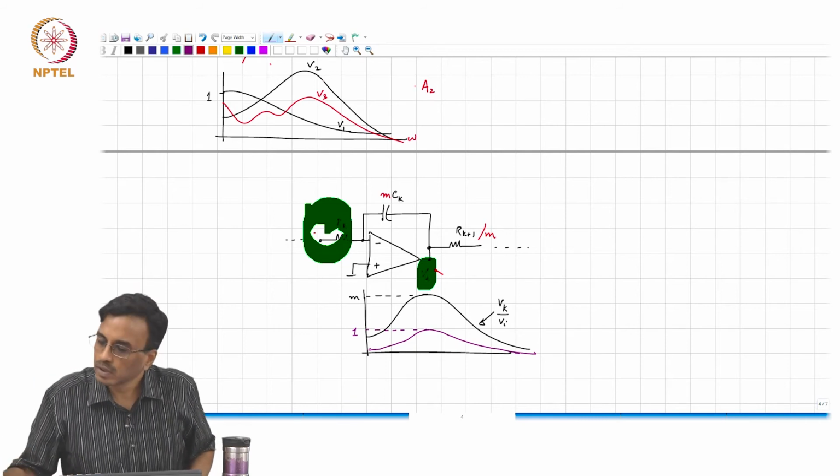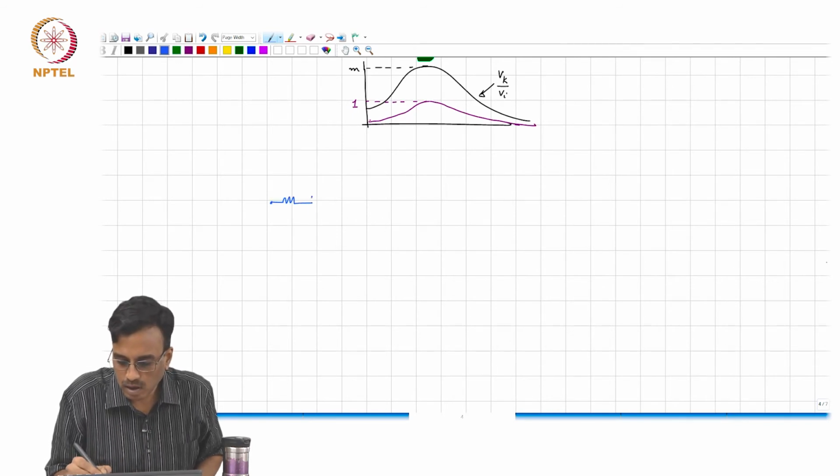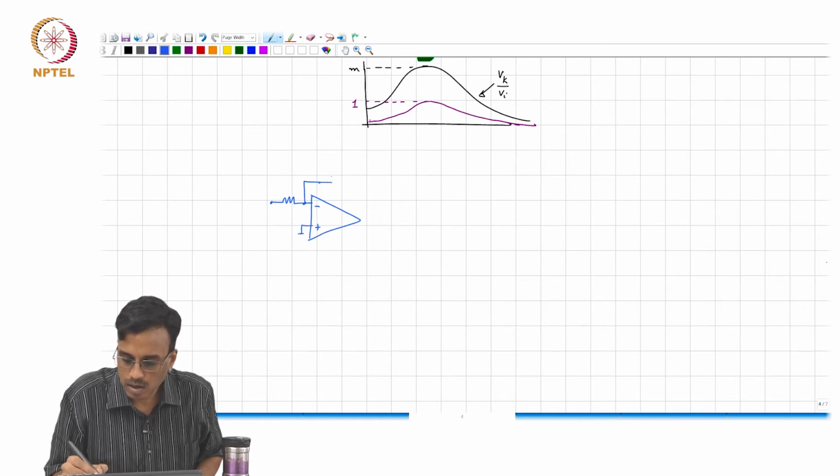For example, again, I'm going to take a section of a larger section.